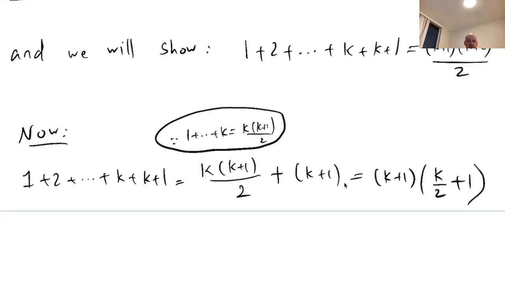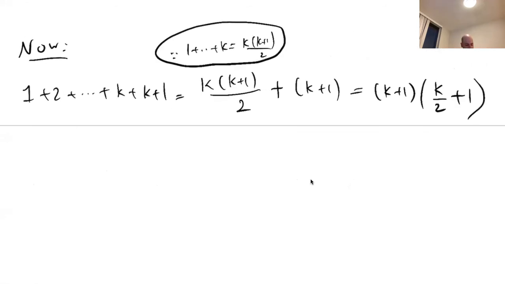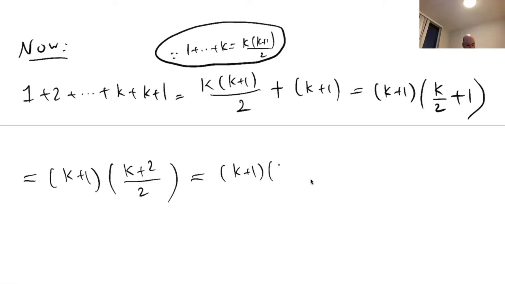I took it out, and from the first term, k over 2 is left, and from the second term, 1 is left. And k over 2 plus 1, taking 2 as a common denominator, is the same as (k plus 2) over 2. So this is (k plus 1) times (k plus 2) over 2.